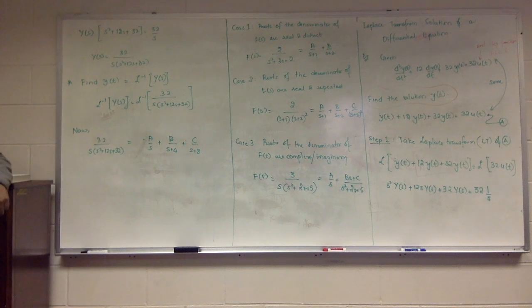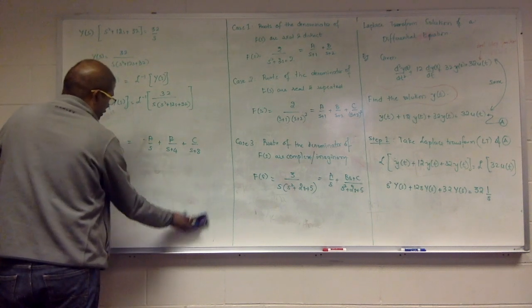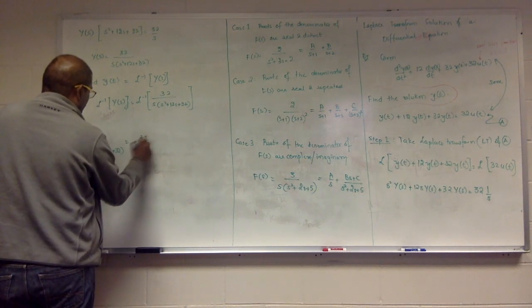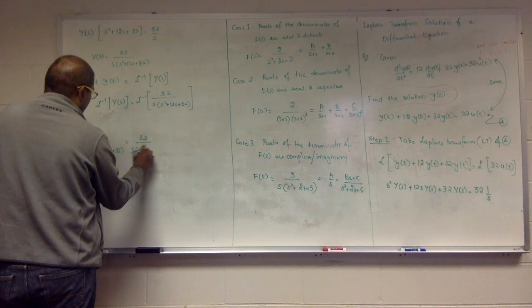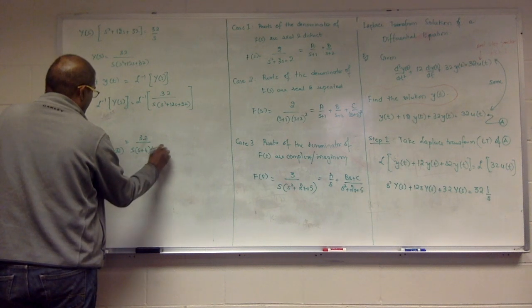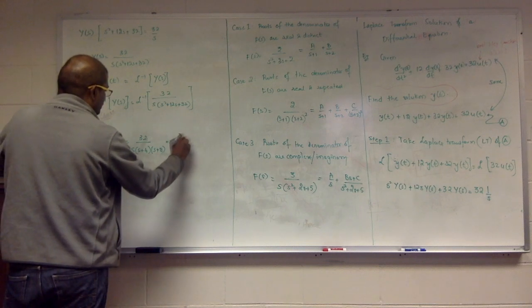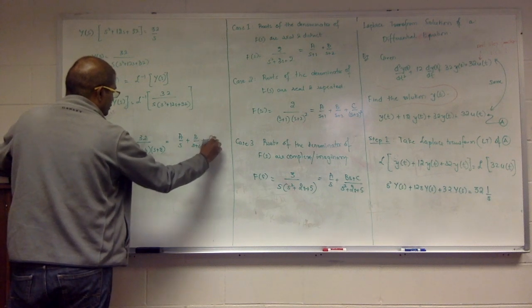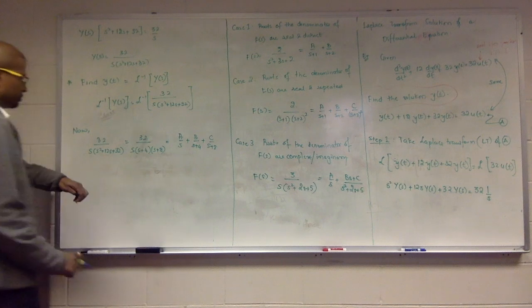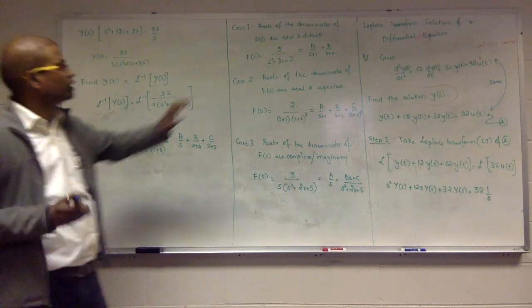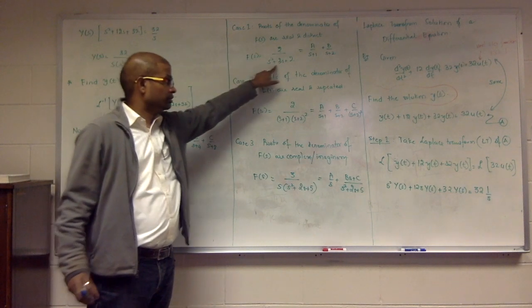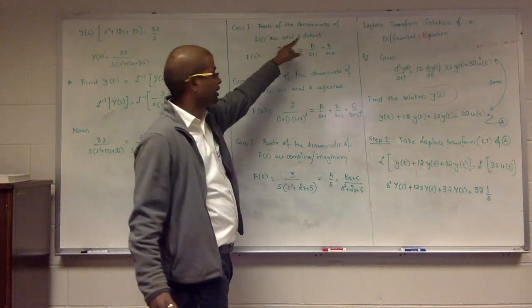You with me? Or I'll give you one more step in between. This is equal to 32 over s into s plus 4, s plus 8. So this can be written as A over s, B over s plus 4 plus C over s plus 8. You see which case applies, right? This case applies. The roots are real and distinct.